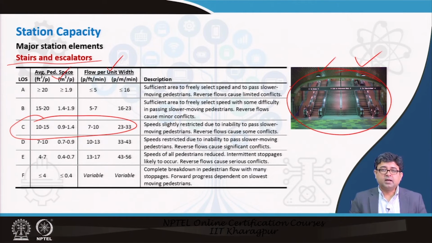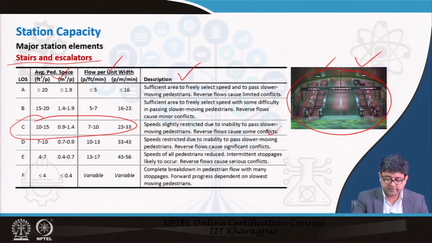There is usually never a station with only escalators; they are always there with stairways. There may be some older stations, when escalator technology was not there, designed with only stairs. That type of capacity can also be calculated with only stairs, but more modern stations have both stairs and escalators, so their capacity can be calculated together as well.